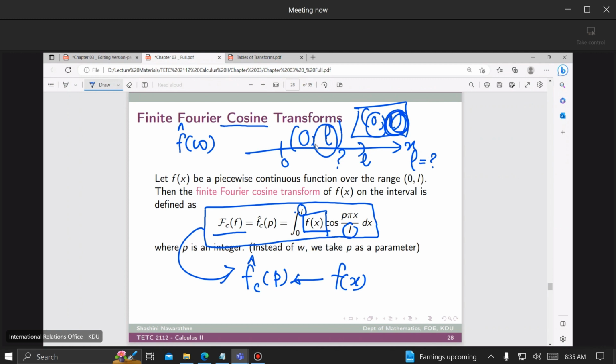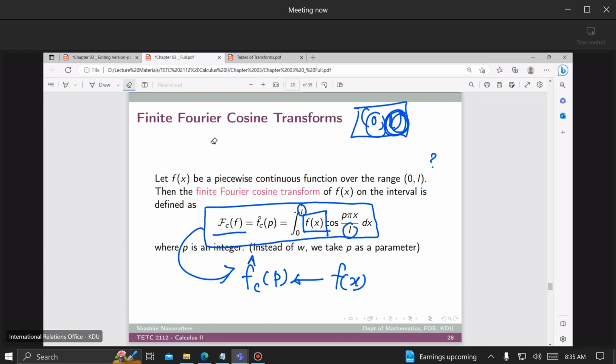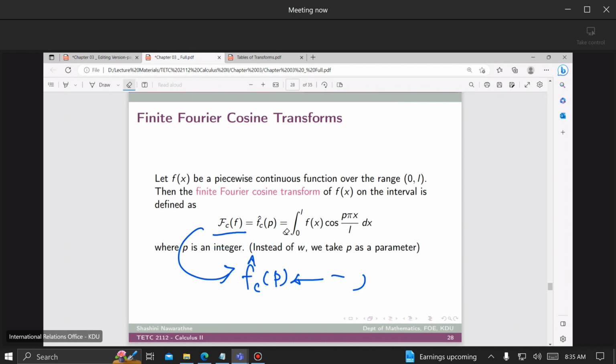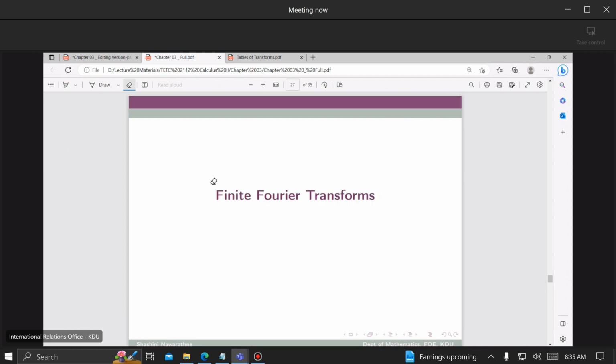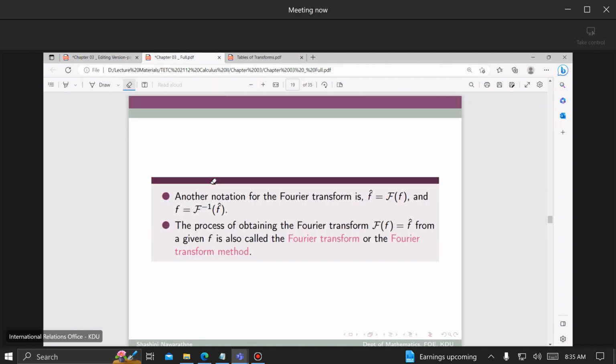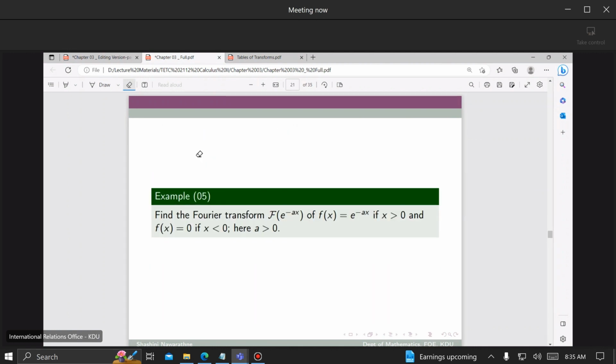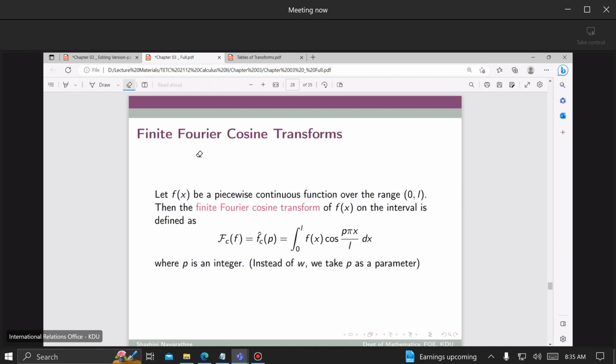So write down this formula in your book. This is the expression to find the finite Fourier cosine transform. In your examination, maybe you will have a question from this part. I have mentioned that I am not going to ask you to obtain the Fourier transform, like the examples we discussed, example numbers 4, 5 and so on. But I still cannot say that we will not have a problem from this part.